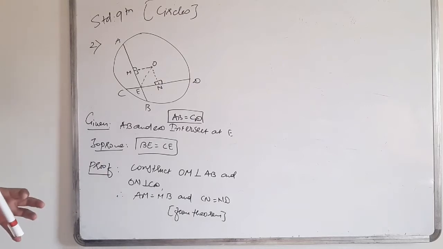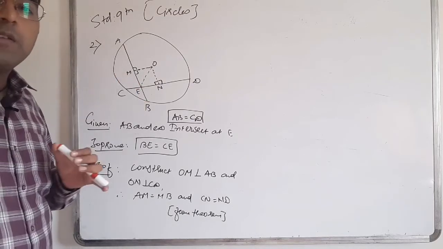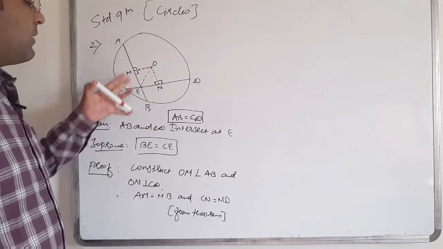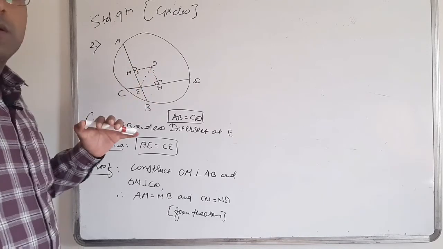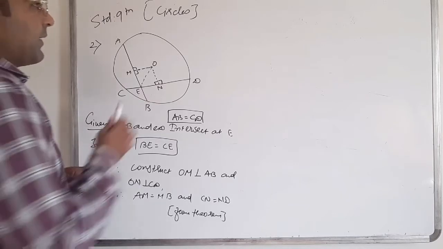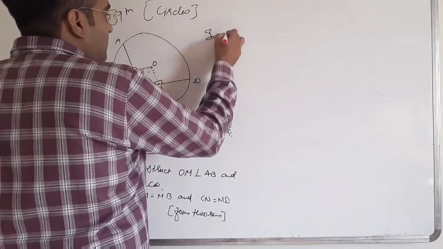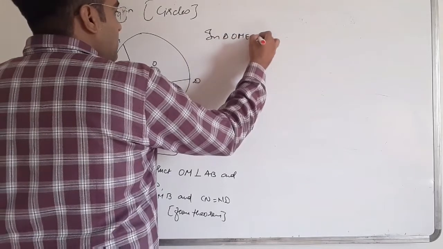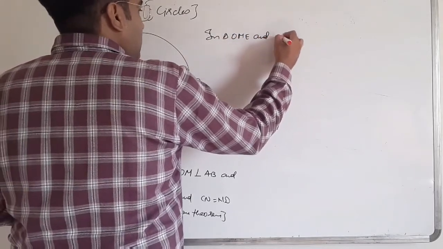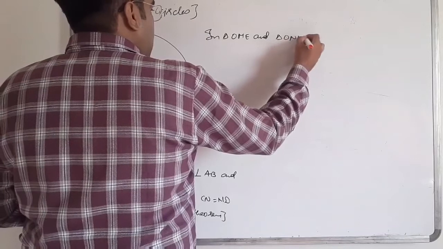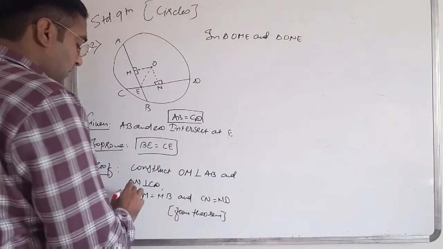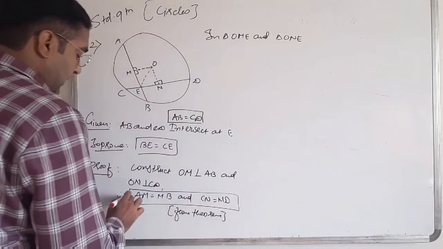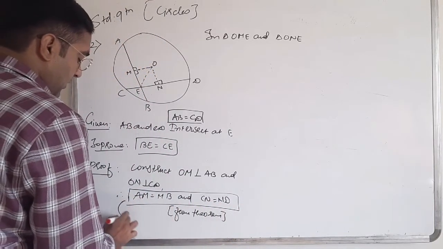so now we have seen that two triangles are formed, first the triangles OME and ONE. Okay, so in triangle OME and triangle ONE, we are taking this as equation 1.